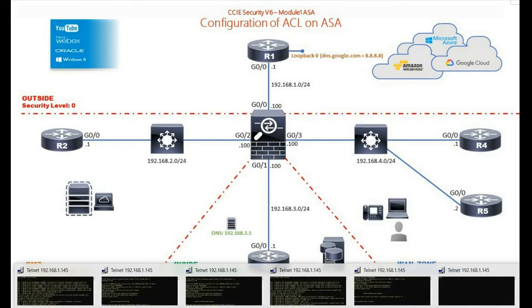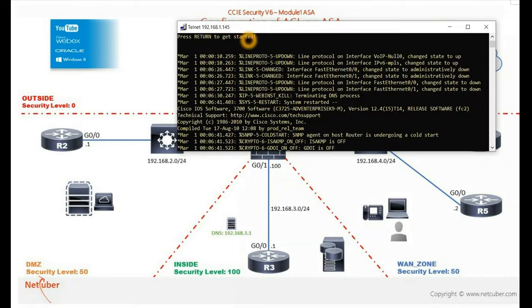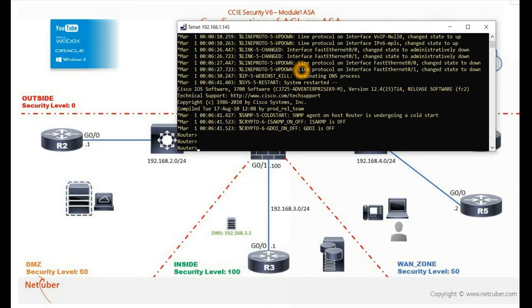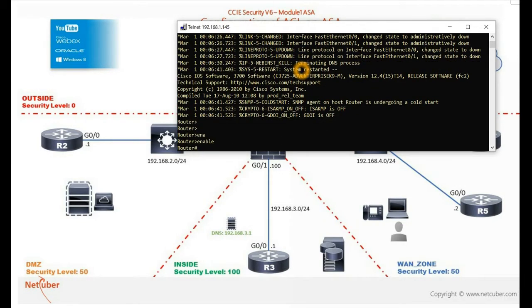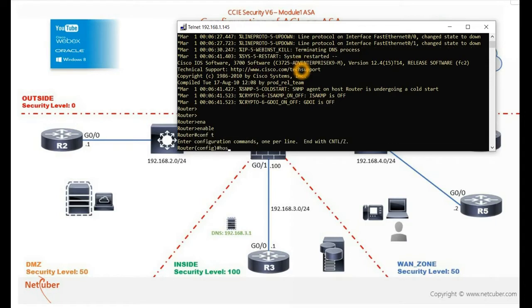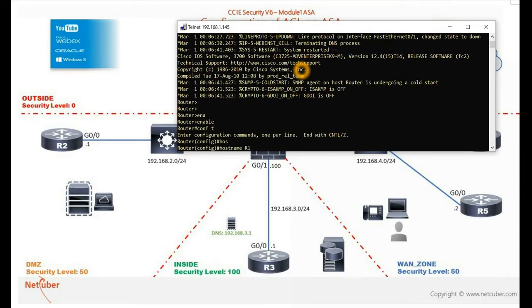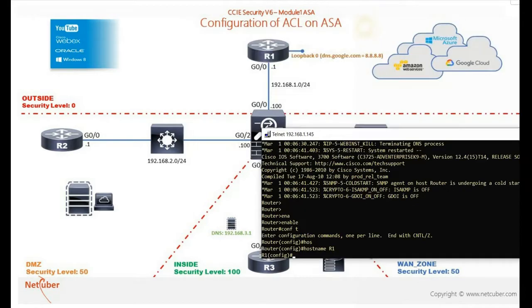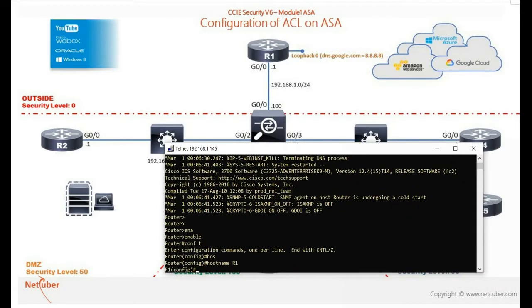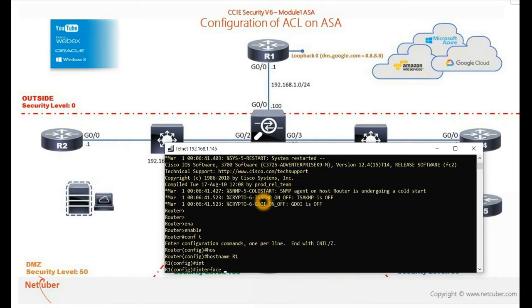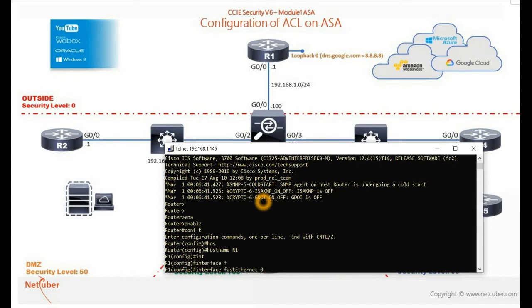So let's bring up R1. Enable, configure terminal, hostname R1. We need to assign an IP address. So R1's 0/0. In the topology you may see gig 0/0, but in the simulation it is FastEthernet.